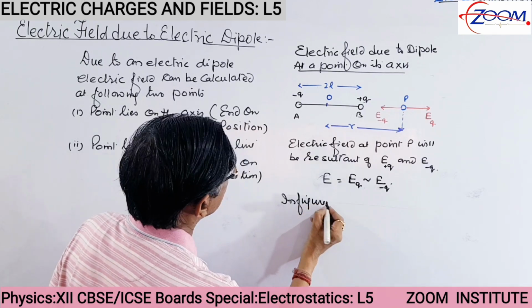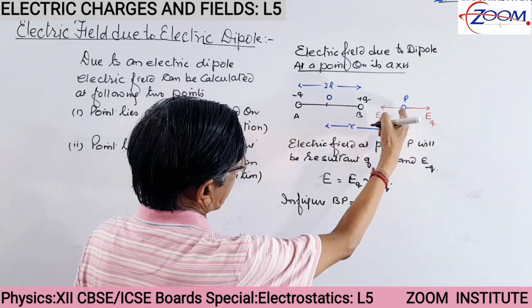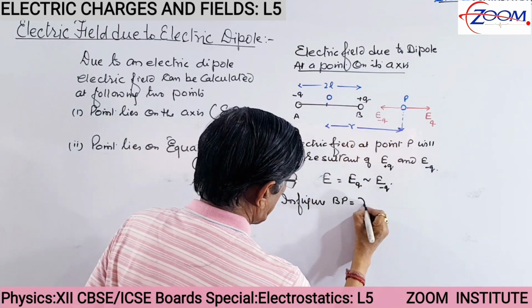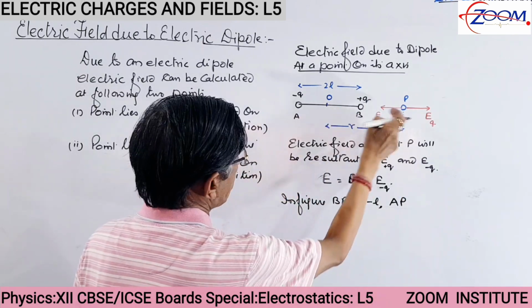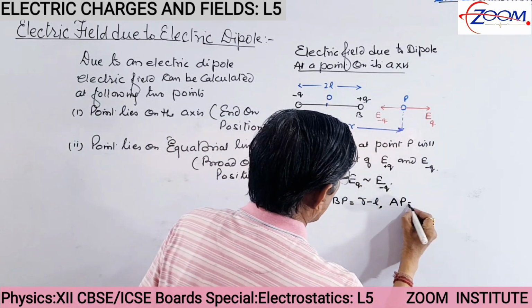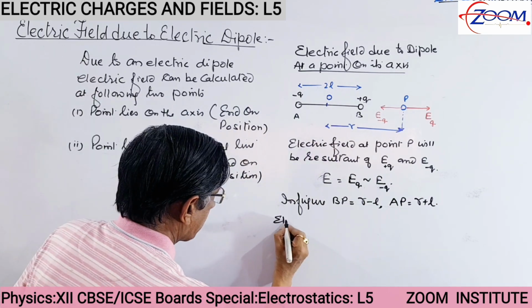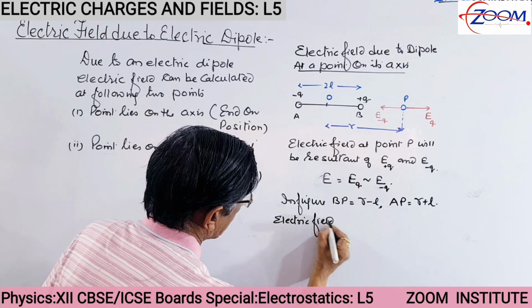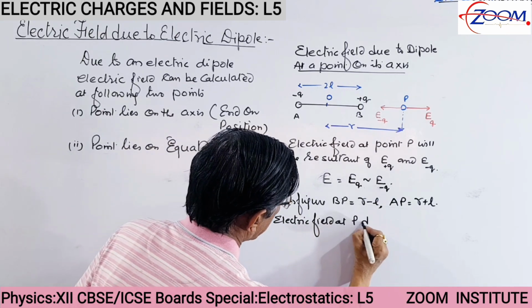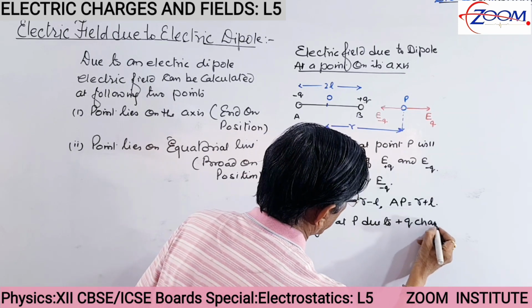In figure, BP is equal to what? This distance is r, this is L, so BP is equal to r minus L. AP is equal to r plus L. Now, electric field at P due to plus q charge.